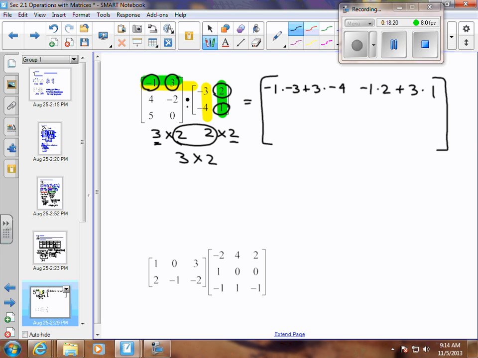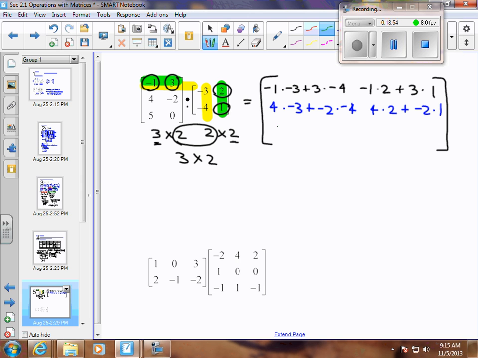Do that with each additional row. So on the second row, hang on, I have all of my pens in the wrong slot. Okay, the second row, I have 4 times -3 plus -2 times -4, and 4 times 2 plus -2 times 1.